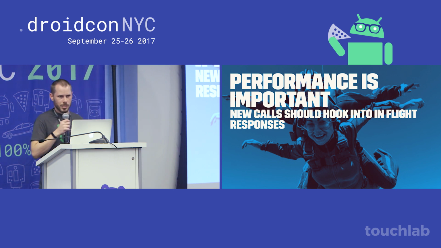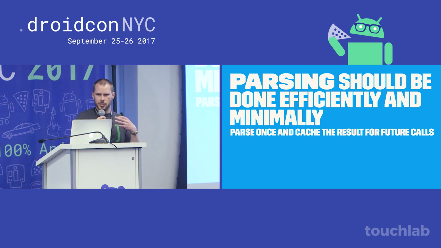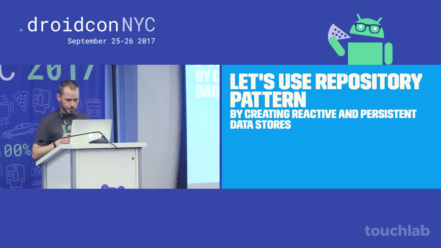It should really conform to a thundering herd type of pattern. And the parsing should be done efficiently and minimally as well. Parse once, cache the results for future calls. If we make a request for a particular data set, let's say data set A, and then later we want that same data set, it should already be hydrated, it should already be in memory. So let's use the repository pattern.